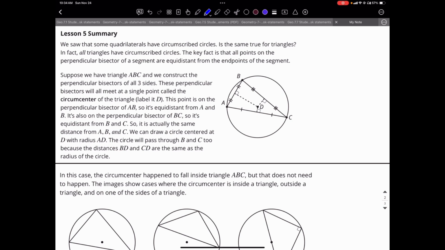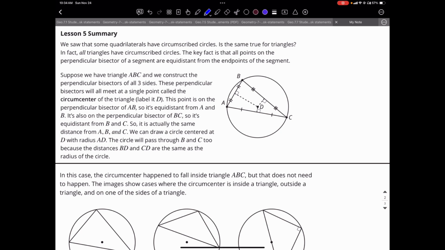This point is on the perpendicular bisector of AB, so it's equidistant from A and B, meaning the line segment AB is cut in half, right? It's also on the perpendicular bisector of BC, so it's equidistant from B and C. So it is actually the same distance from A, B, and C.